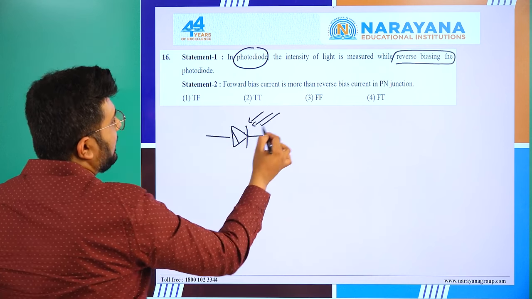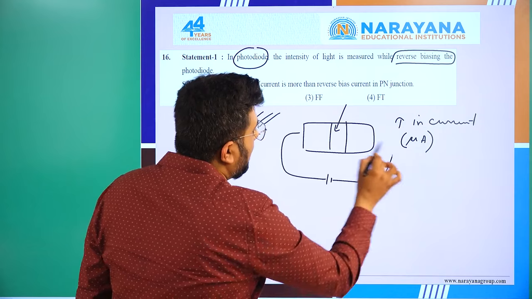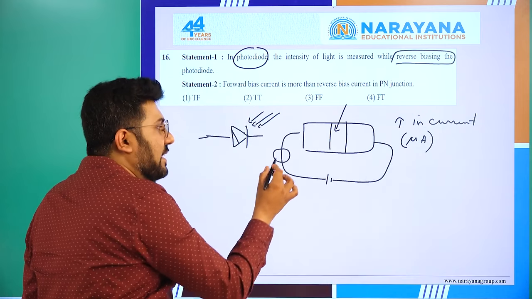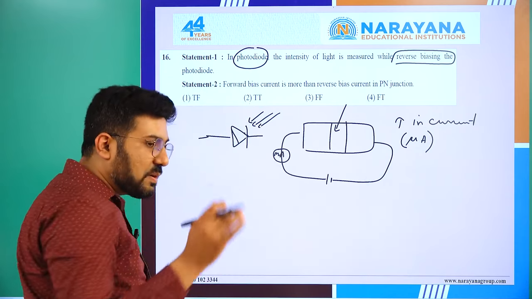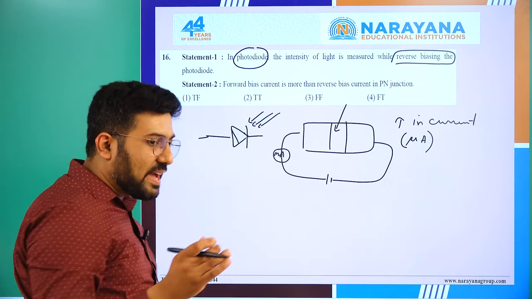Okay. Now what happens is, if this was in forward bias, the meter that I would use here will be a milliammeter, because in forward bias the current is in milliamperes. Okay.